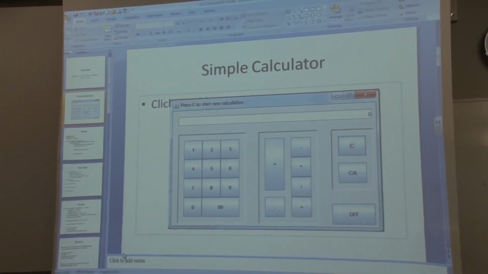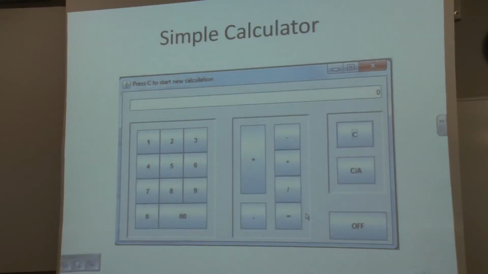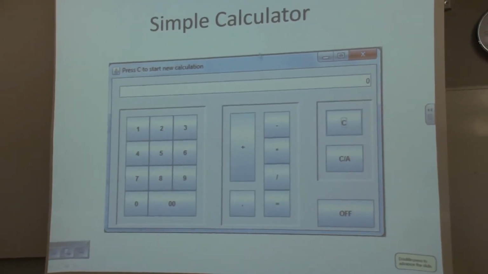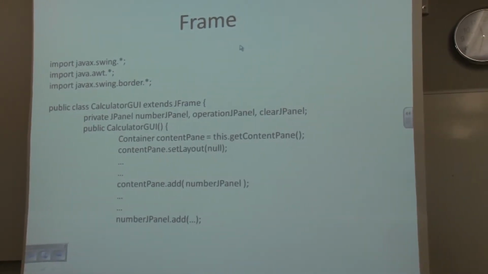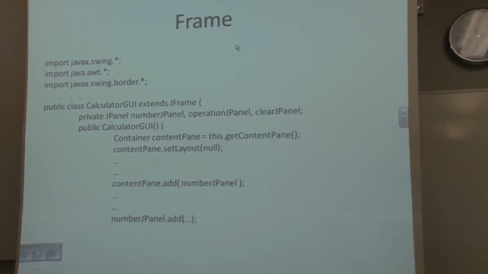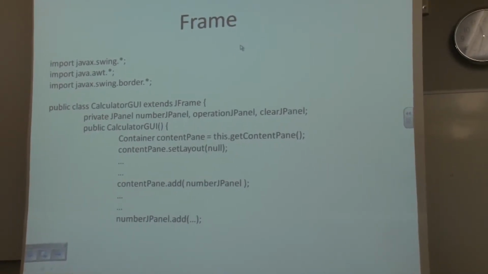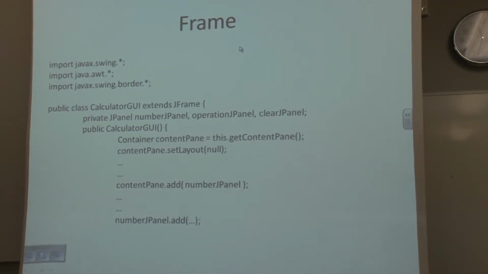So basically you just declare your panels, private JPanel number panel, operation panel, and clear panel, and then you set the container, content pane, set the layout null in the beginning, and then add your panel into the content pane.